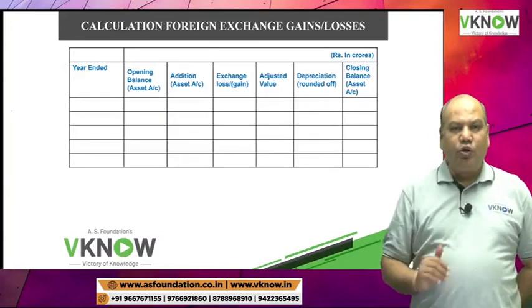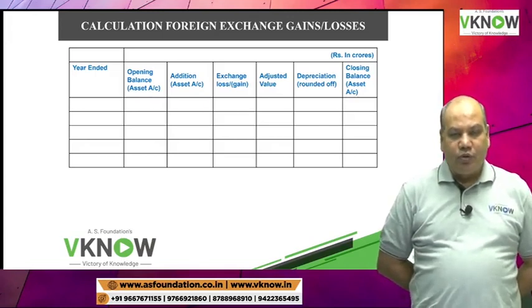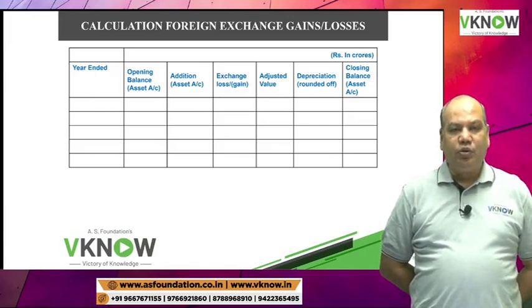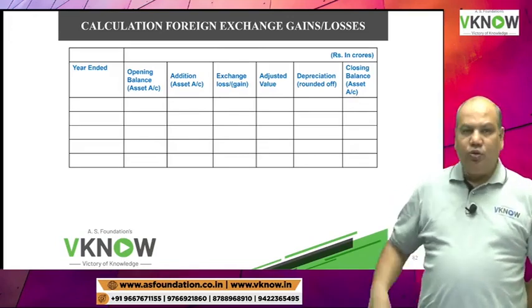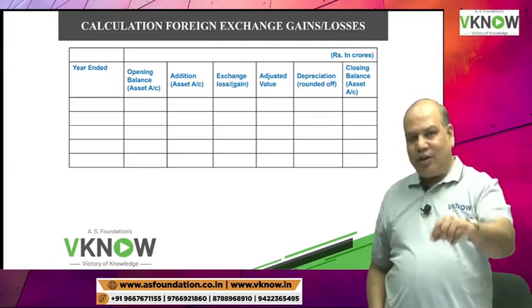So again I will draw a table, but this time the table is slightly different because I need to calculate the carrying amount of the asset and depreciation also. So are you ready? Start.